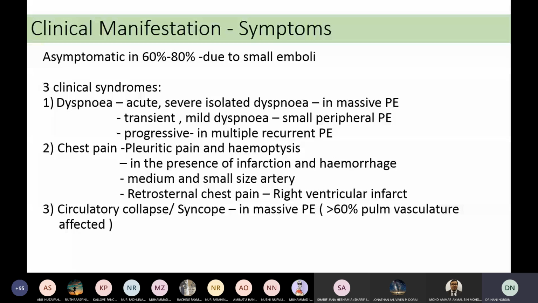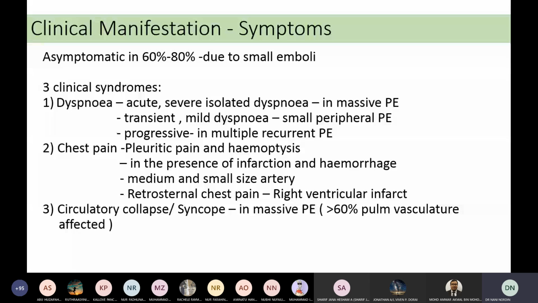But if you were to have symptoms, what are they? First, you can have dyspnea or tachypnea. In a massive pulmonary embolism, you can have acute, severe isolated dyspnea, meaning only dyspnea.